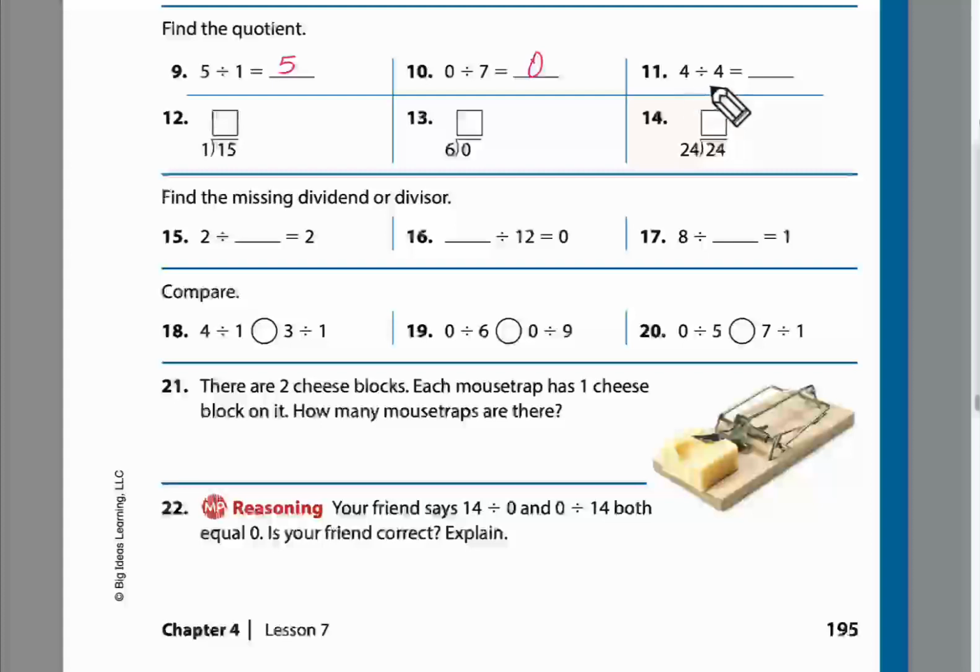Any number divided by itself equals? 4 multiplied by what number equals 4? 1. Yes, excellent. So 4 divided by 4 equals 1. Thank you, Radai.